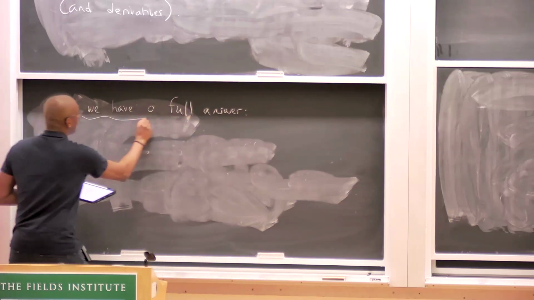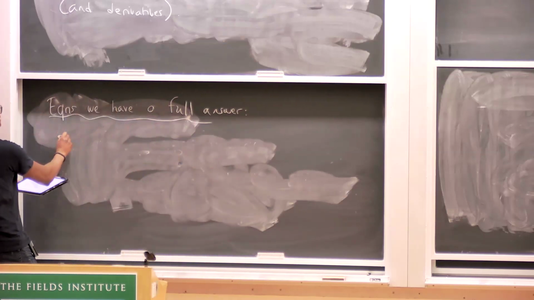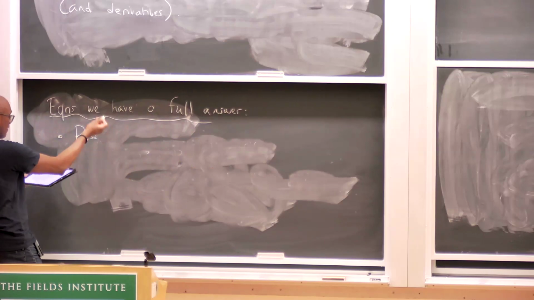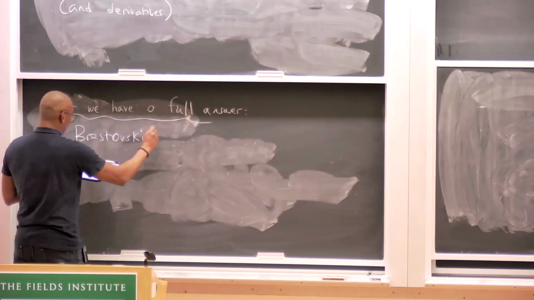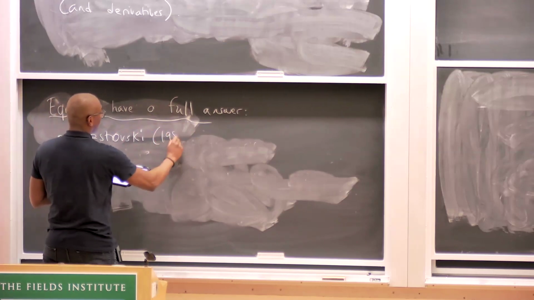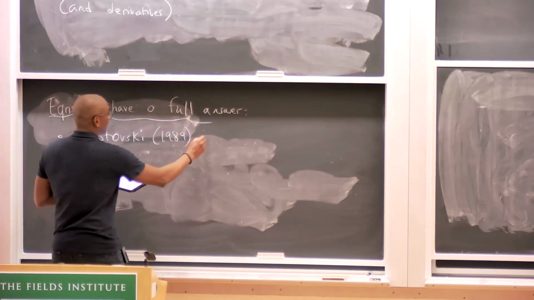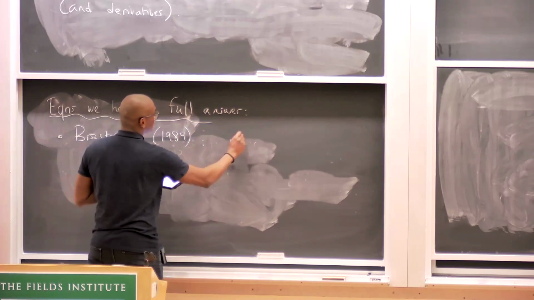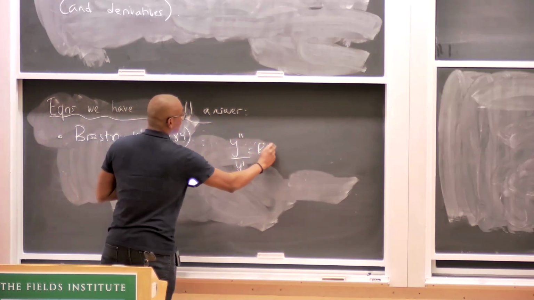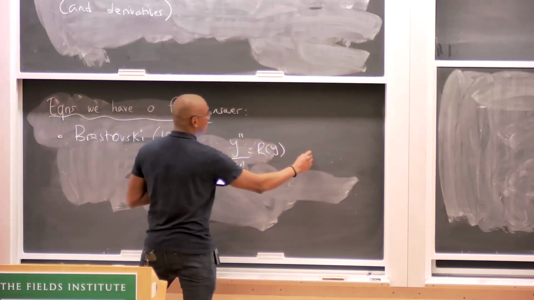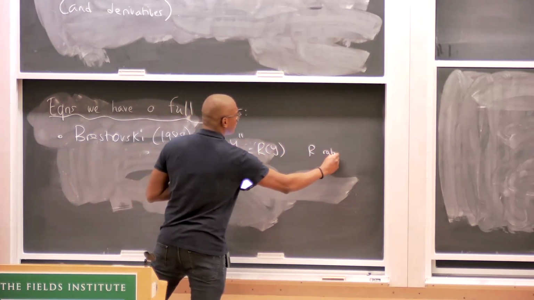The first result I know of is Brestovsky in 1989, where he looked at second order equations of the form, where here R is a rational function.